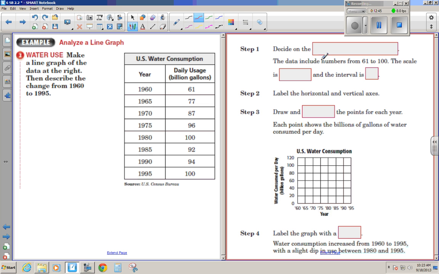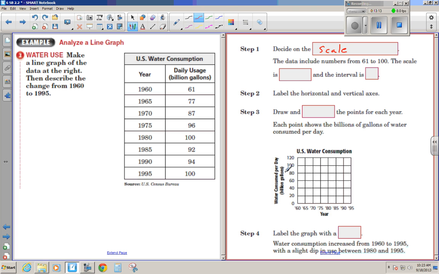So for a line graph, the first thing you need to do is decide on the scale. So you're going to look at the data. 61 is the smallest, 100 is the biggest. So the scale could be a lot of different things.